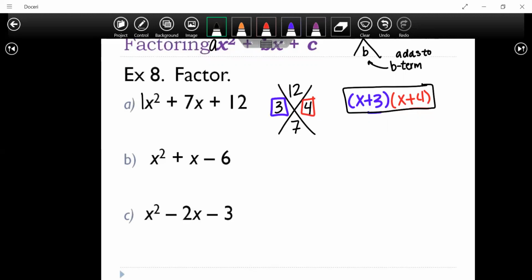Doing it again, we have multiplies on top, our first and last, so -6 and 1. Adds up to 1 would be what?